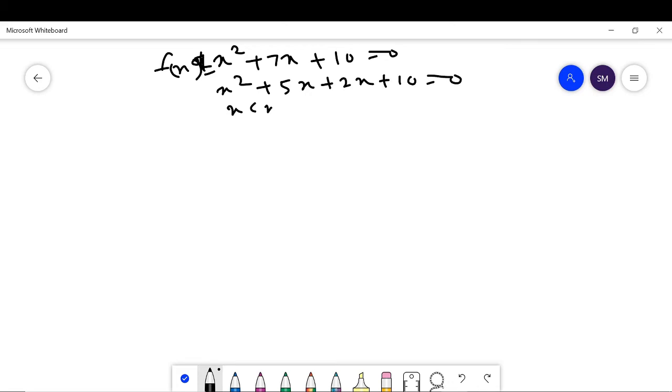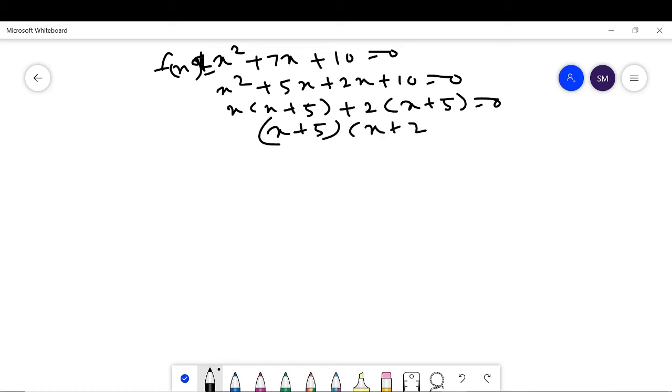Then take x common, we get x plus 5. Here take 2 common, here we get x plus 5. x plus 5 is the common term, take it out, we get (x + 5)(x + 2) = 0. Then this quadratic polynomial is factorized into (x + 5)(x + 2) = 0.